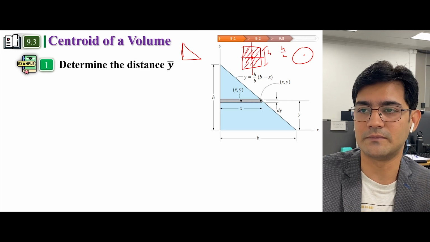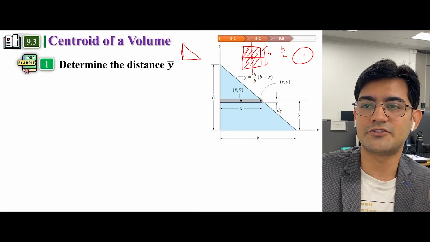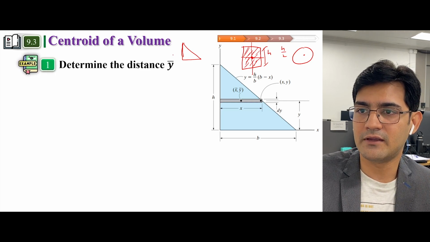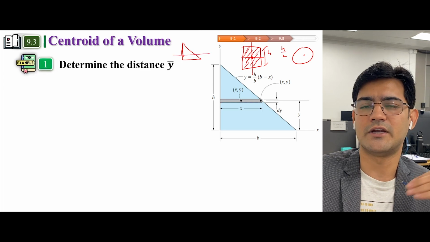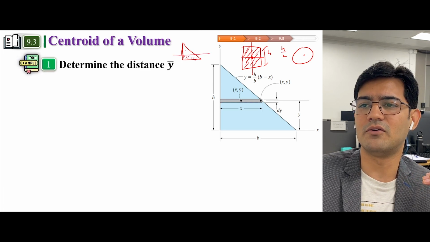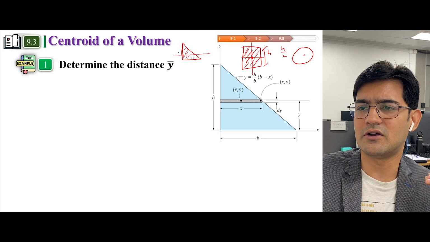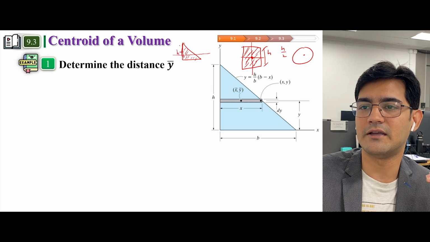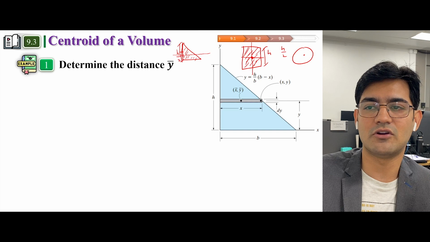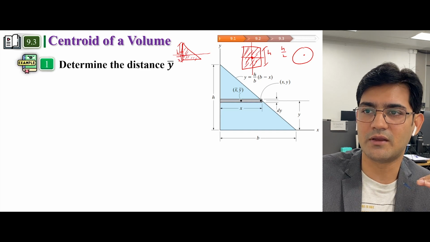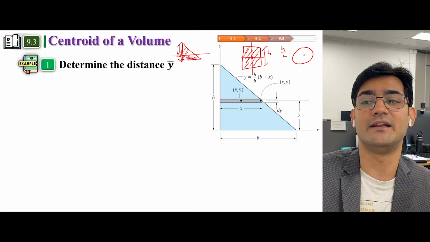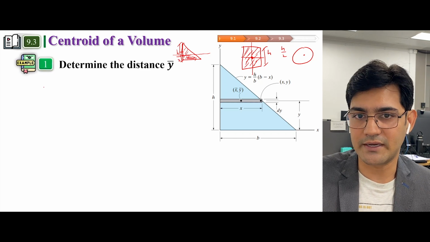So this is a centroid. Now for a triangle, if we try to divide the area below and top, we know that if this is h, the centroid is not at h by 2, because it would be somewhere below, because the area at the lower side is more. So how do we calculate this?